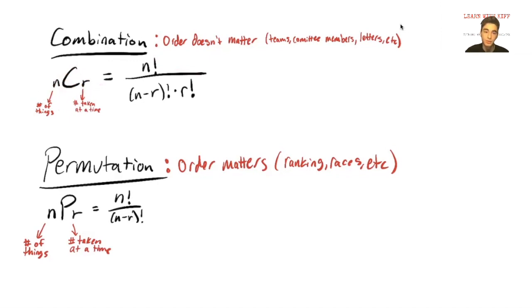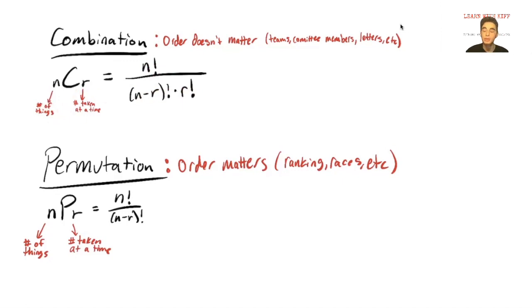Most calculators have a combination and permutation function already built into them, but how to write it out is n factorial over n minus r factorial times r factorial. And so n is the number of things that you have, and r is the number taken at a time.